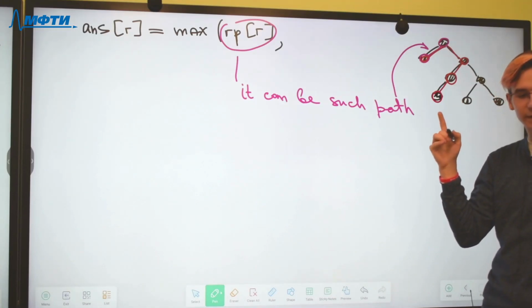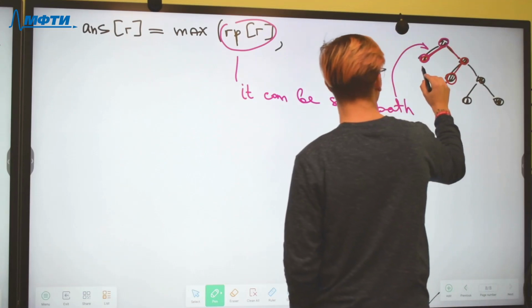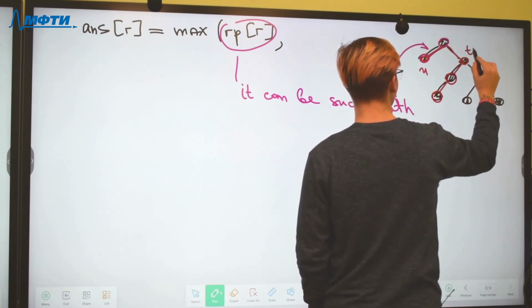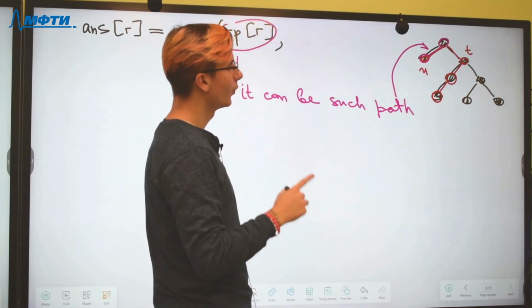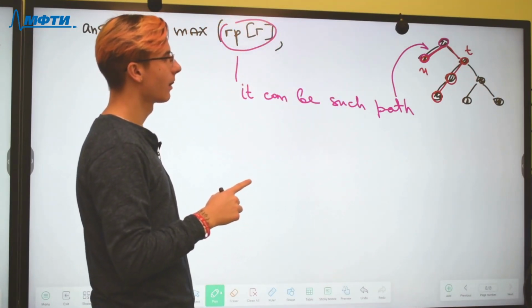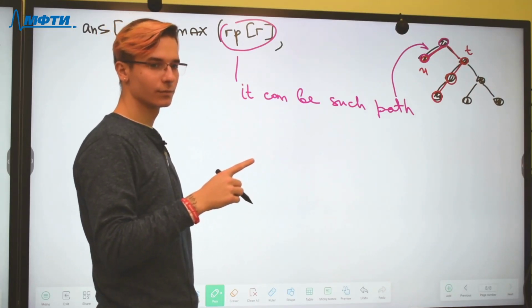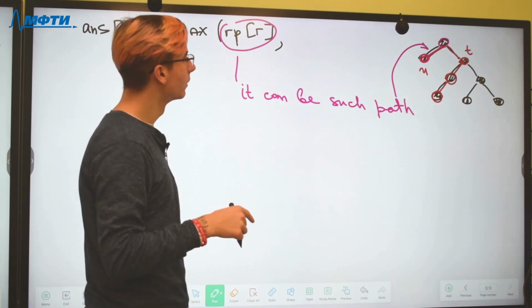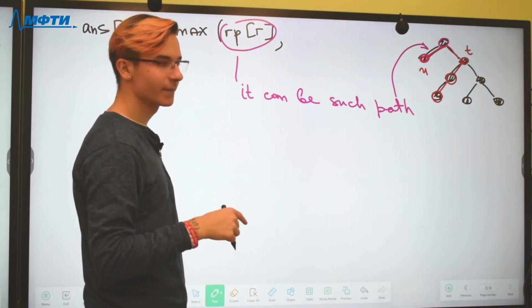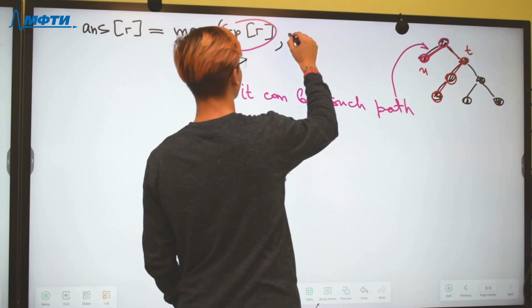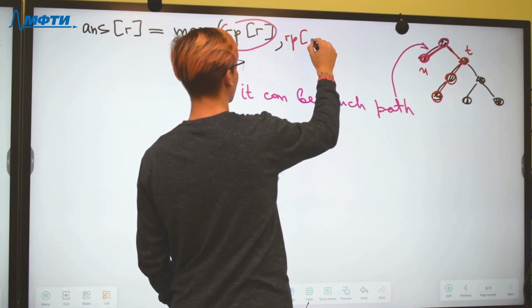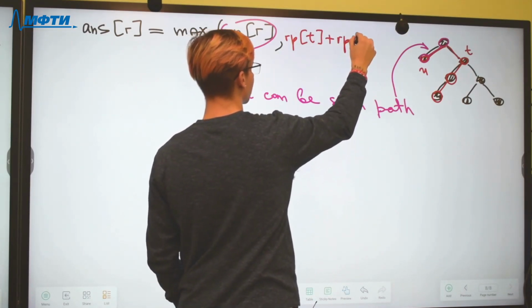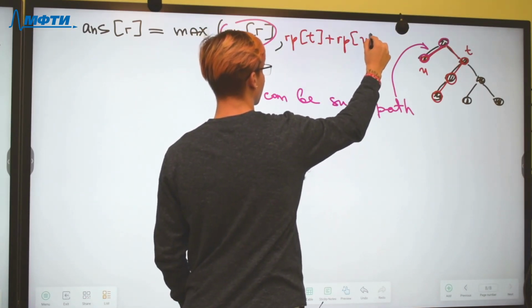We can say that if it's U, it's T, the weight of this path is equal to RP of U plus RP of T plus the weight of the root.